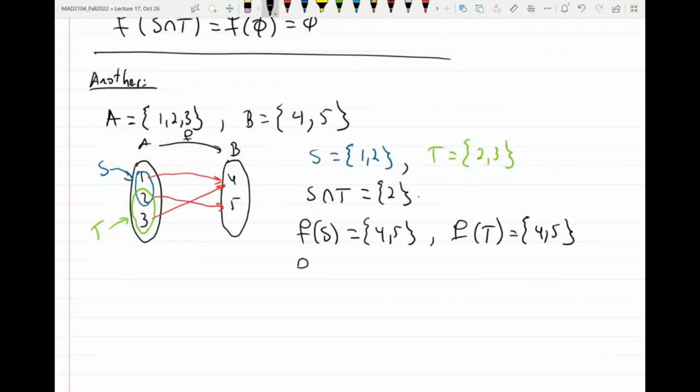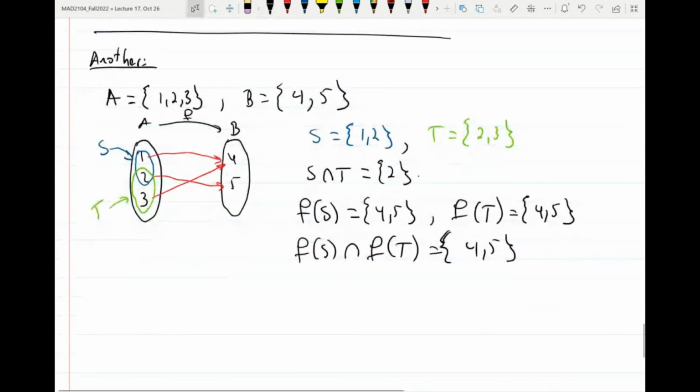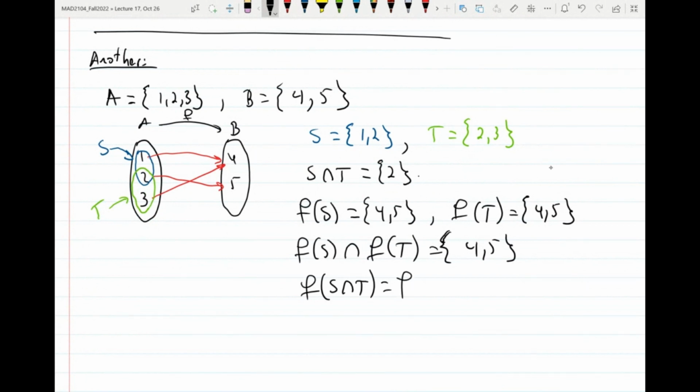So what's f(S) intersected with f(T)? {4, 5}. Now what's the image of the intersection? The intersection was the set {2}, so what's the image of 2? 5. So certainly this is a subset of that one. That's what we proved before.